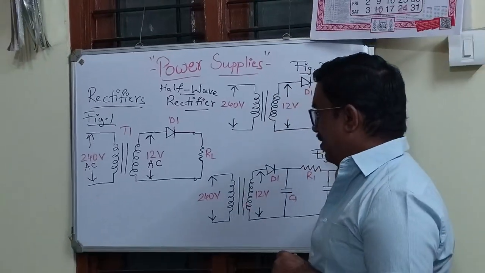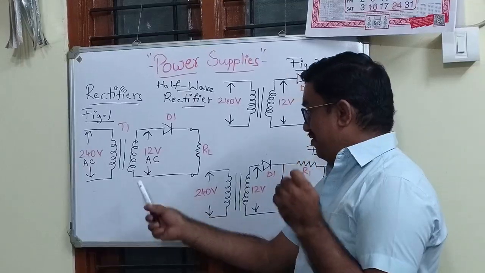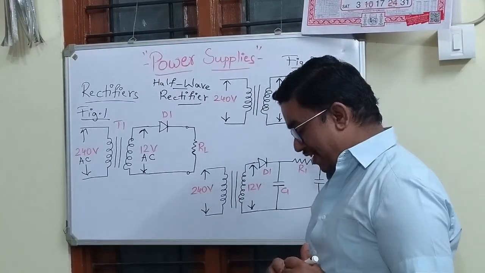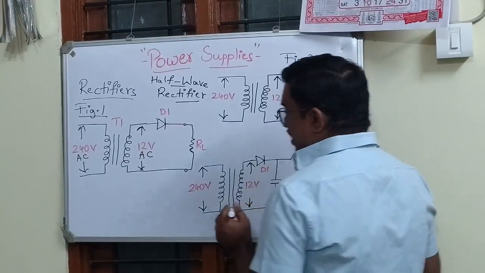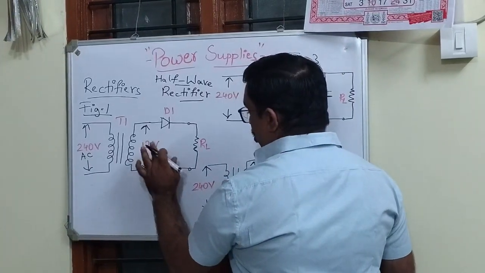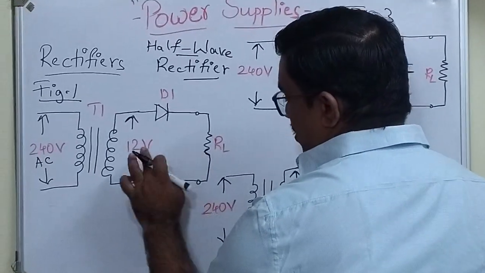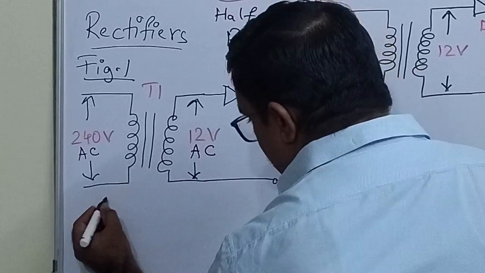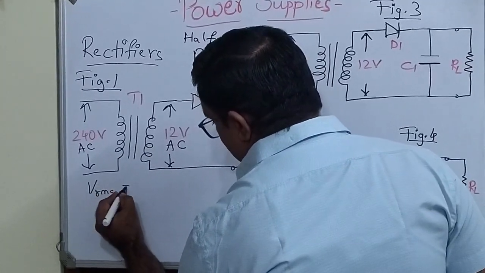So now coming back to the first circuit of the half wave rectifier, let us assume that the output of the transformer is 12 volts. This 12 volts is considered as VRMS.